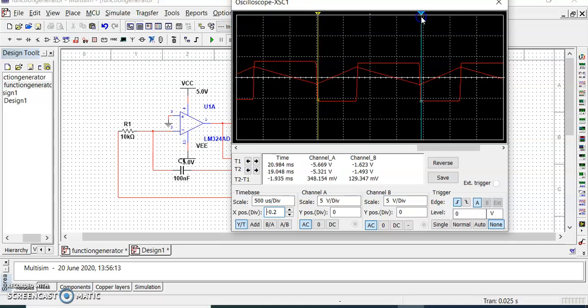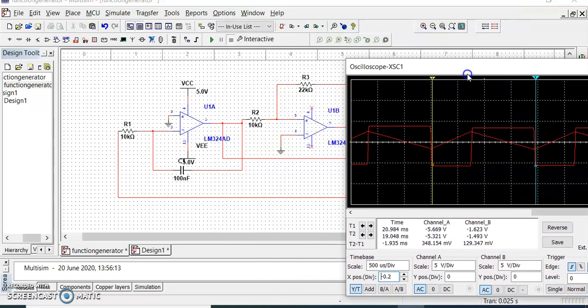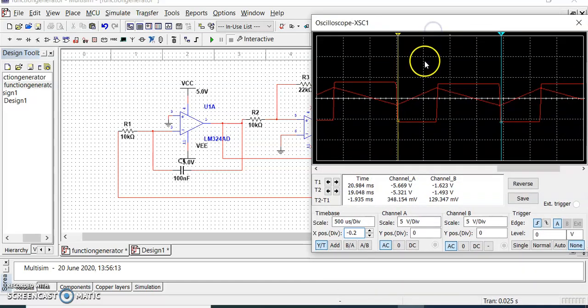The time period of this signal is 1.935 milliseconds. For the 33 kilo ohm resistor it was 2.9, and now its value is 1.9 milliseconds. Like that, we can find the time period of the signal. By inversing the time period, we will get the frequency of this generated output wave. Okay, this is all about the function generator circuit.